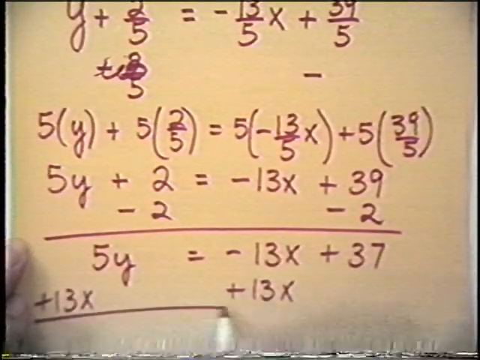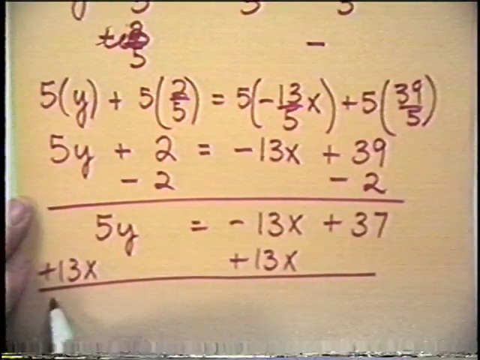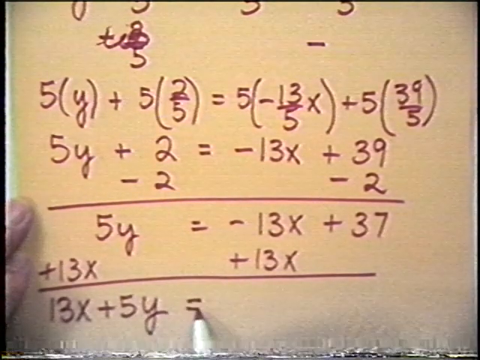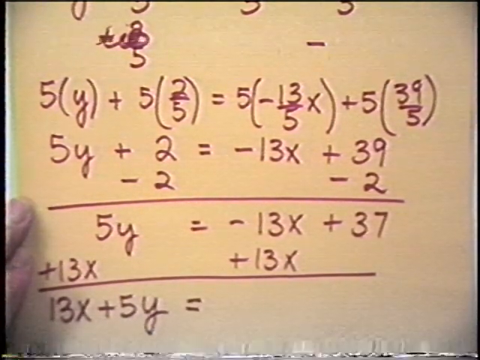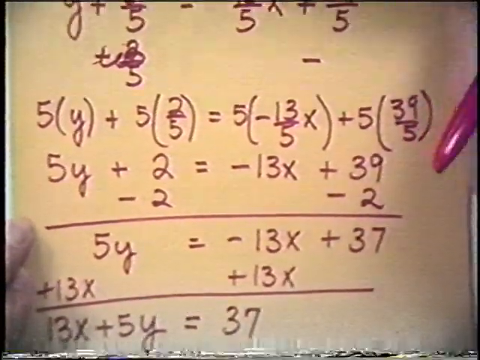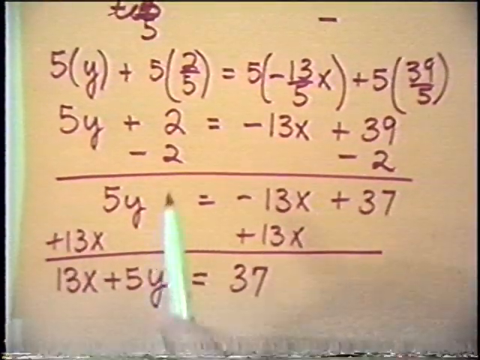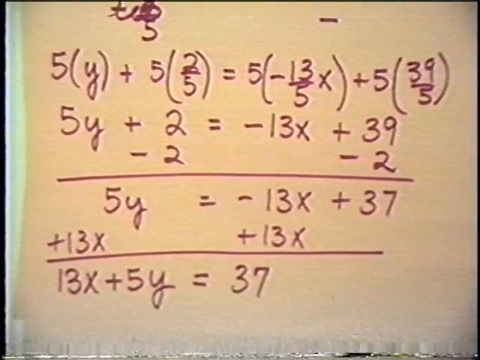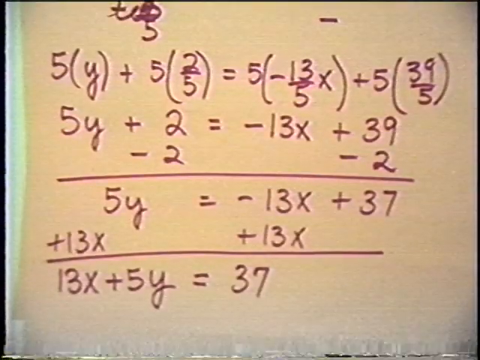And you can do this in any order. It doesn't matter what you do first. All you have to do is end up with x and y on the same side, on the left-hand side when you get all done, and the constant term on the right-hand side by itself. So you could have moved the 13x first, then you could have chosen to move the negative 2.